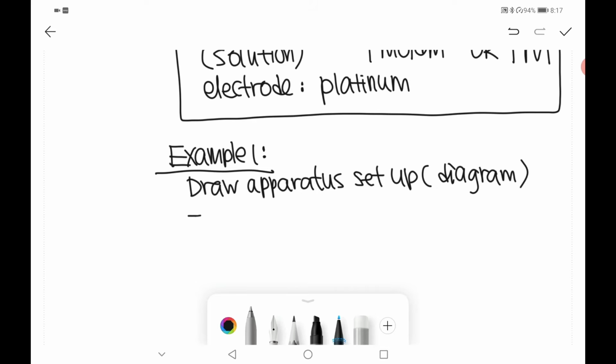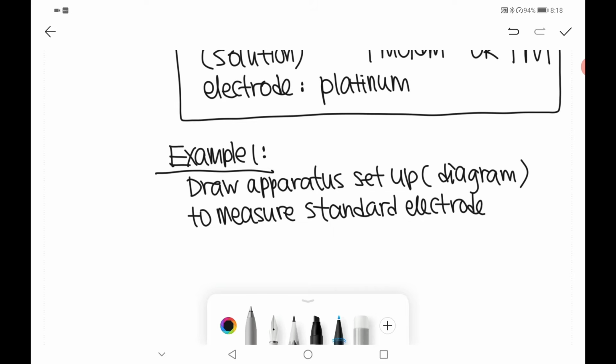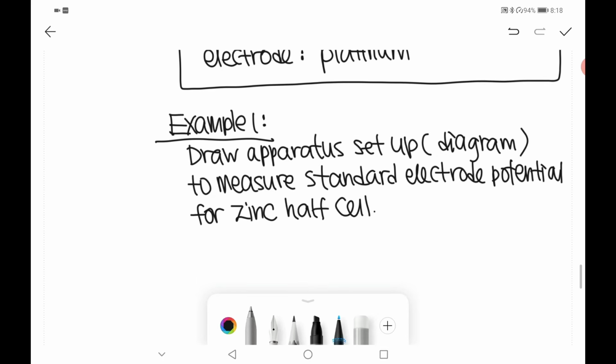We want to draw the diagram to measure the standard electrode potential for a zinc half cell. So we want to know how much electricity is actually produced by a zinc half cell.